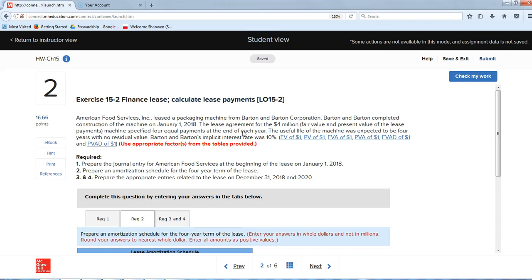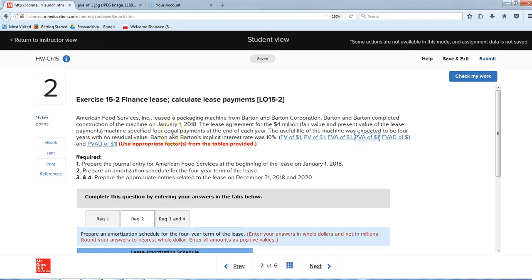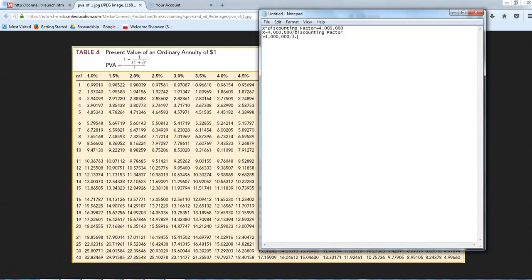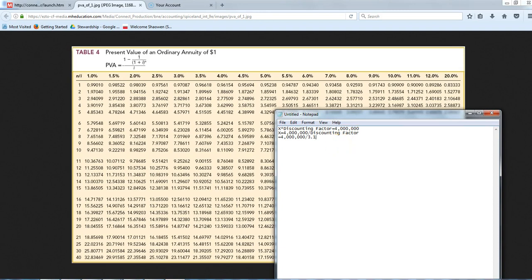That means the pattern is an ordinary annuity. So the present value of ordinary annuity table tells me, for 4 years and a discounting rate of 10%, so we go to 10%, 1, 2, 3, 4 years, the discounting factor is 3.16987.